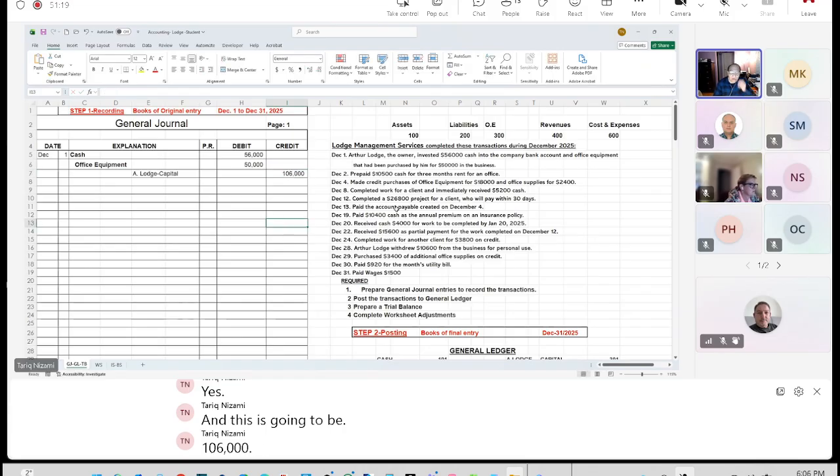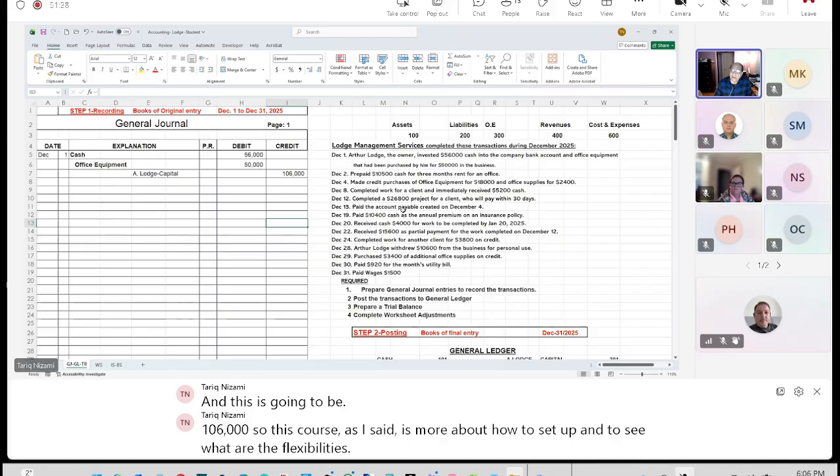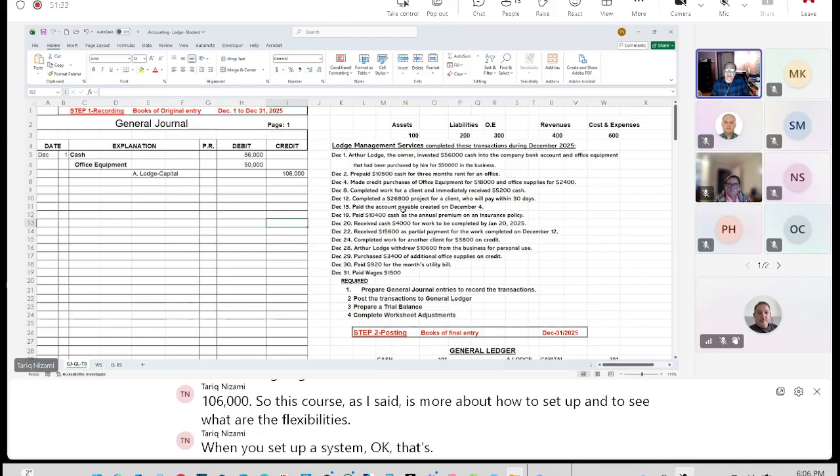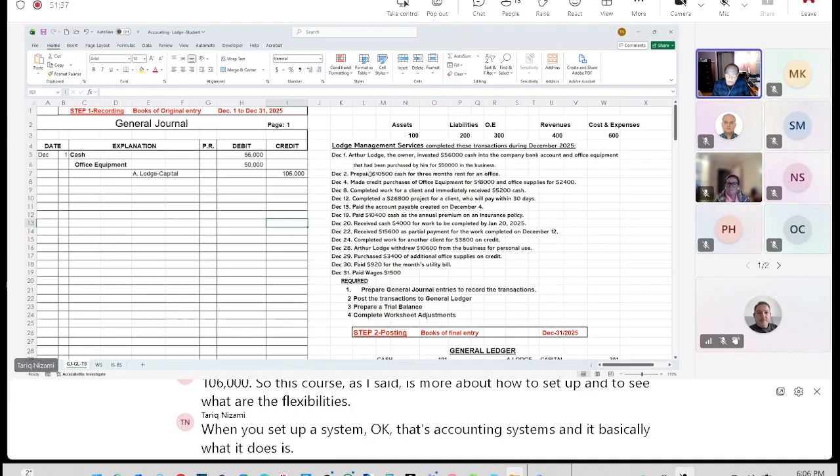So this course, as I said, is more about how to set up and to see what the flexibilities are when you set up an accounting system.